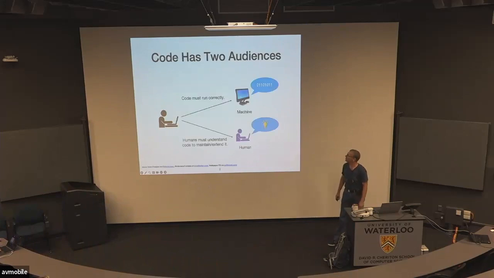Code has two audiences: machines, which must run code correctly, and humans, who must understand the code in order to maintain and extend it.